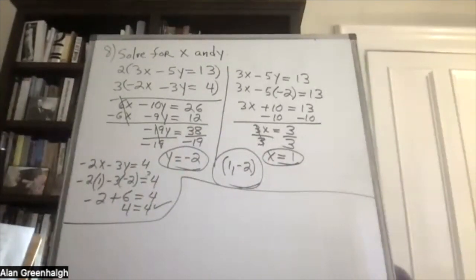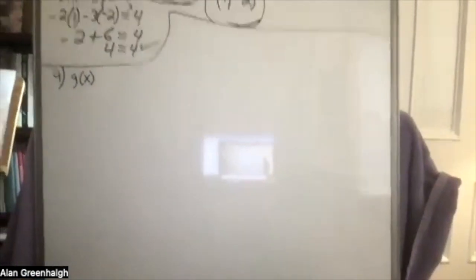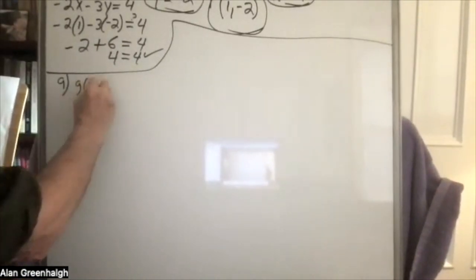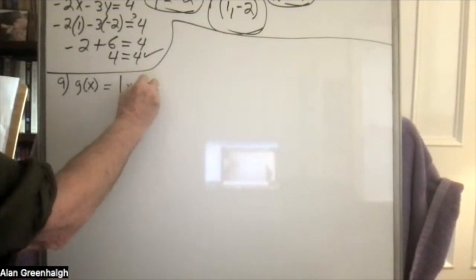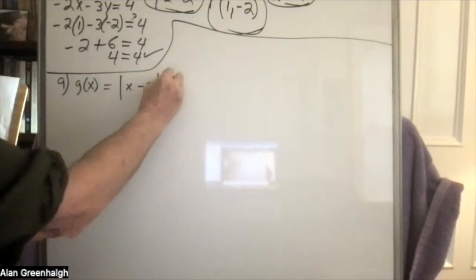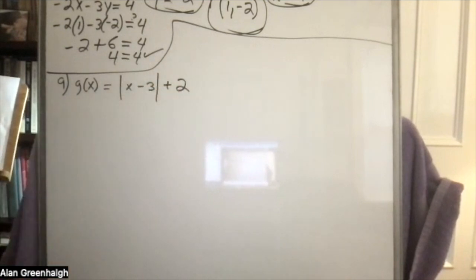Let's go on to number 9. So number 9, you're given g of x. Can you see that? g of x equals the absolute value of x minus 3, plus 2. And you're told to name and graph the parent function.